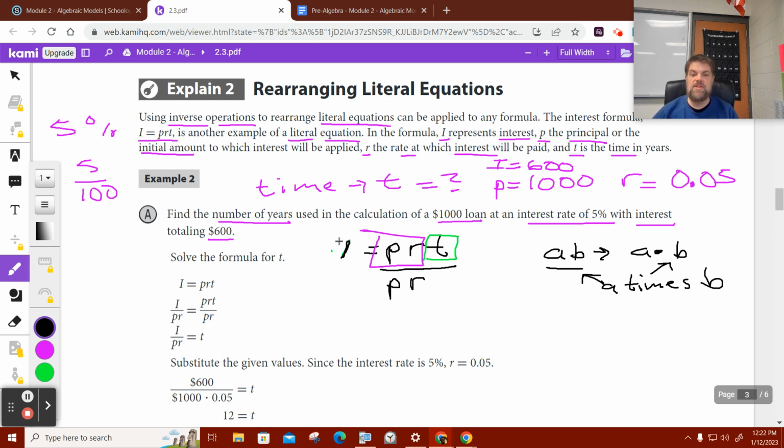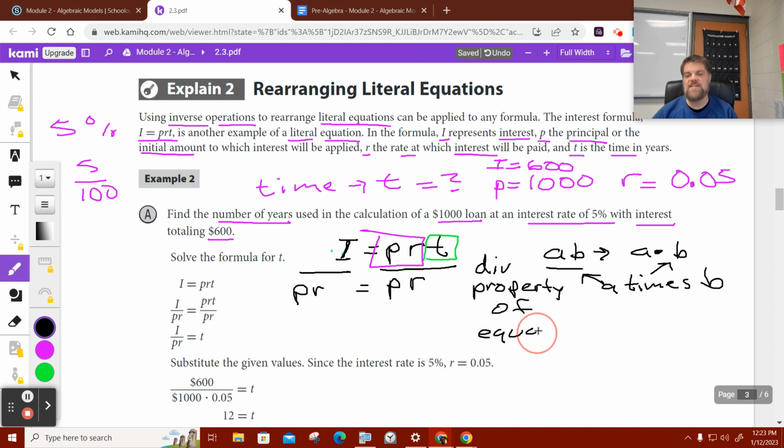So I'm going to divide by PR, but remember, whatever I do on one side, I have to do to the other. Remember, this is an I. It looks like a 1. So now, what kind of property is that if I divided? Yeah, it's the division property of, help me finish this sentence, equality, right?